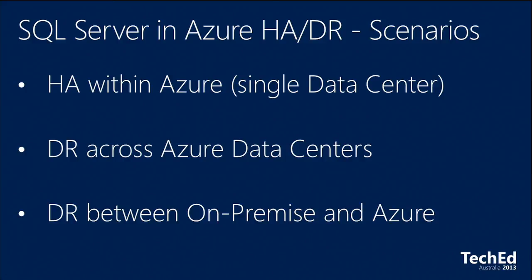And what you're actually doing here is trying to get back to the point that you already would have had if you used SQL database, because SQL database already has this in place. But if you choose to use SQL Server in a VM role, within virtual machines, which is completely valid and a good thing to do in certain scenarios, then you need to apply your own HA.